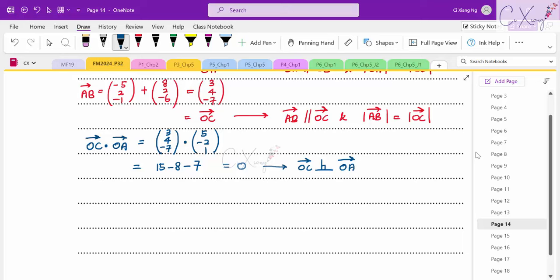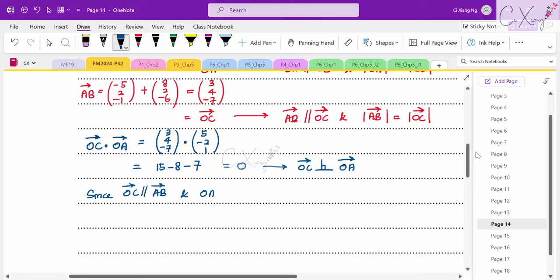And since we already know that the other sides are parallel to each other, since we know that OC is parallel with AB, like what we proved just now, and OA is also parallel with CB, this implies that all the other angles will be 90 degrees.